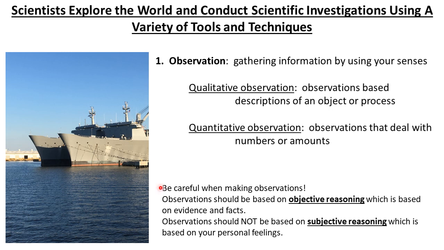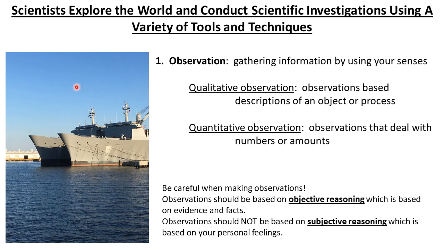And we have to be very, very careful when making observations. Observations should be based on objective reasoning. This is evidence, this is fact. Observations should never be based on subjective reasoning, which is really just your personal feelings about something.